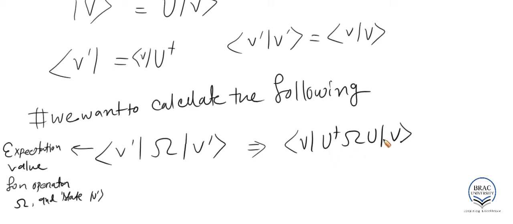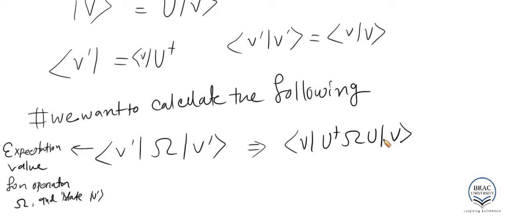So from here you can say that instead of affecting the vectors themselves, I can affect the operator. That is, instead of changing the vectors actively, why don't I change the operator and calculate the result?